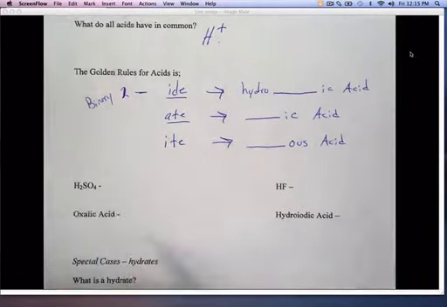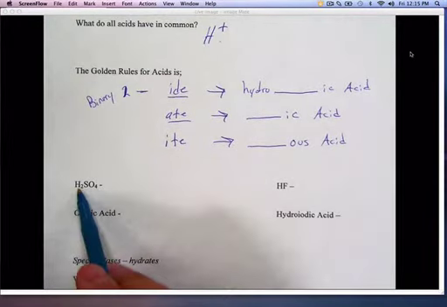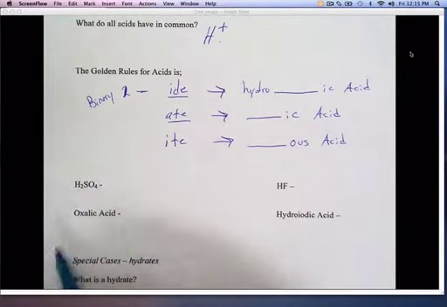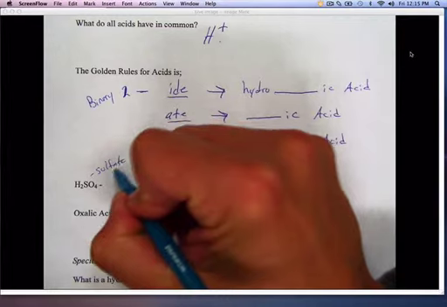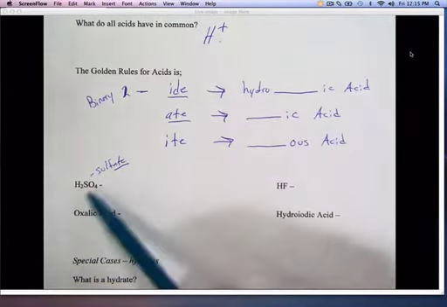H2SO4. First of all, I know it's an acid. How do I know? Because the H is first. See how there's two H's? As long as there's one H, you're good. So SO4, if you look it up in the periodic table, is sulfate. Notice it ends in ate. So normally this is hydrogen sulfate.